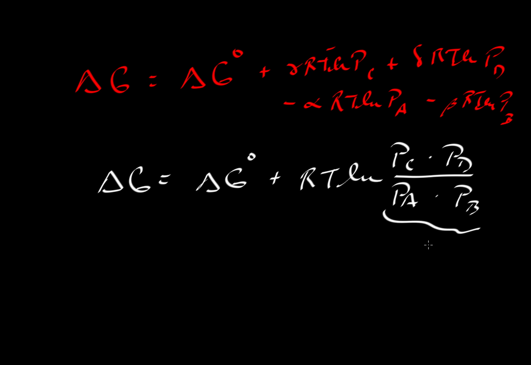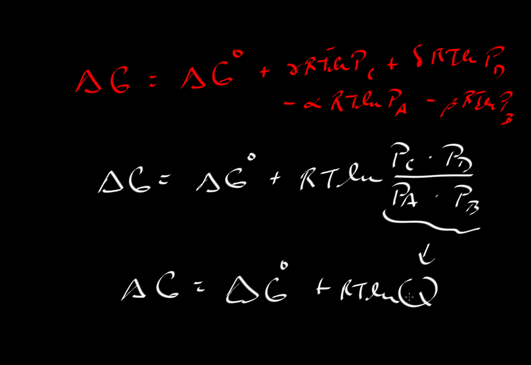Let's take all of this. We're not going to call it KEQ yet. We'll just call it a capital Q. So delta G equals delta G naught plus RT ln Q. Why Q? Q is the general way of expressing this quotient for the general case of a system.